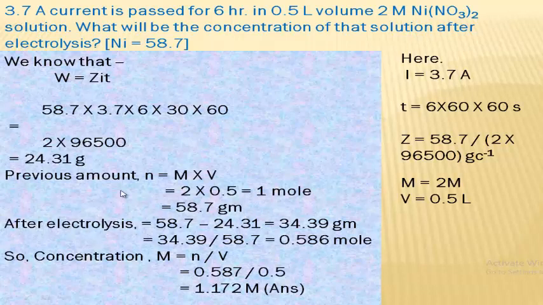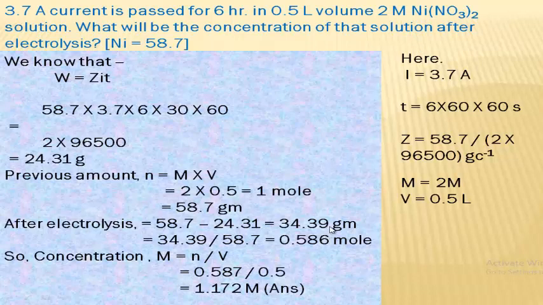Now, due to the electrolysis process, we have seen here 24.31 gram nickel is deposited. So after the electrolysis process, if we subtract this electrolyzed amount from the previous amount, then we will get the amount now present inside the solution.